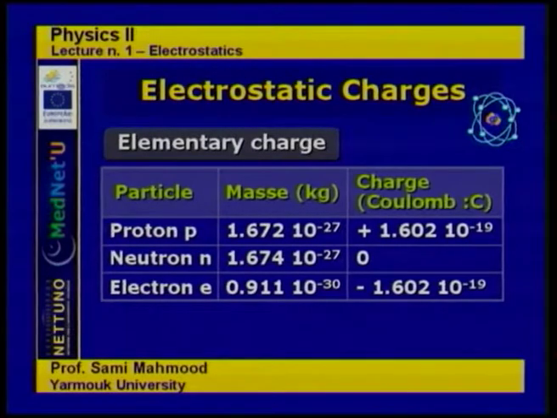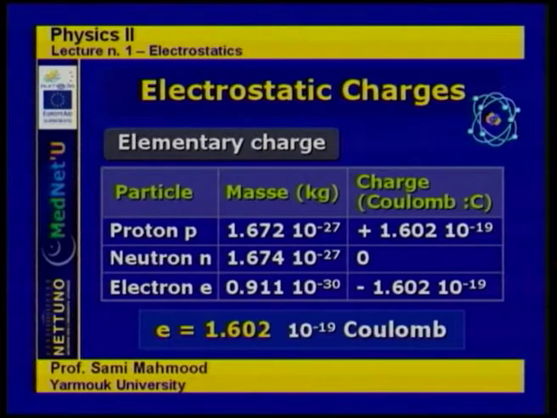Thus, we notice that there is an elementary charge associated with these particles, and that elementary charge is e equals 1.602 times 10 to the minus 19 coulomb, and the fundamental particle could have that charge in positive or in negative, or it could have a 0 charge.